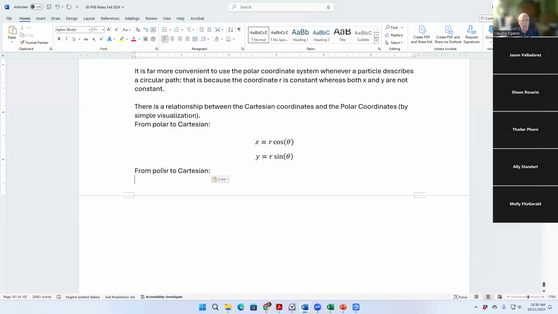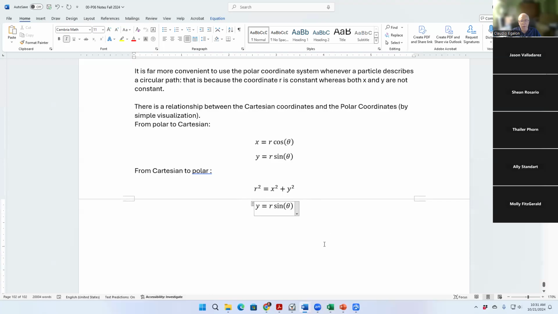Now, if you want to go from Cartesian to polar, what do you have? We have something like that. R squared is equal to x squared plus y squared, right? Which is the equation of a circle.